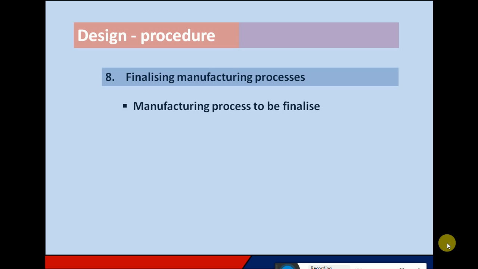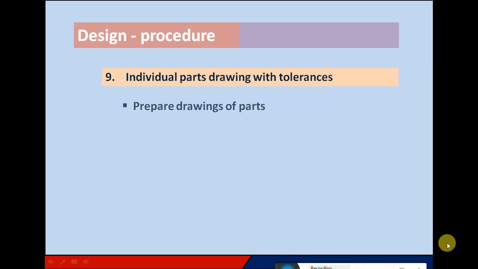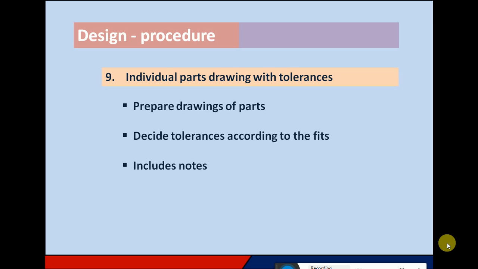Then we should finalize the manufacturing processes. Then the ninth step is individual parts drawing with tolerances. Once sizes are finalized, manufacturing processes and joining methods are finalized, then we can prepare drawings, and tolerances should be given considering the motion and fits. It is important to write down notes on those drawings.